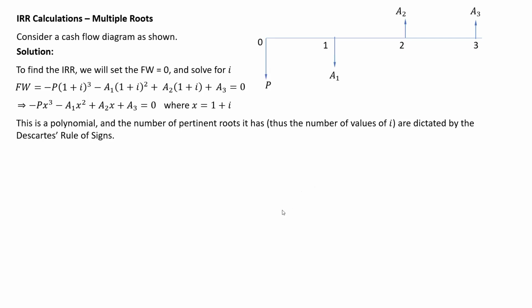Sorry for the detour, guys. Anyways, so this is the polynomial and the pattern dictated by... Okay, what in the world is this Descartes' rule of signs?